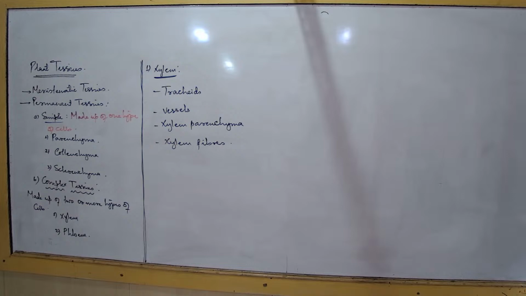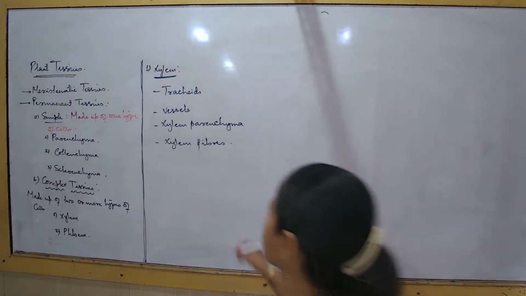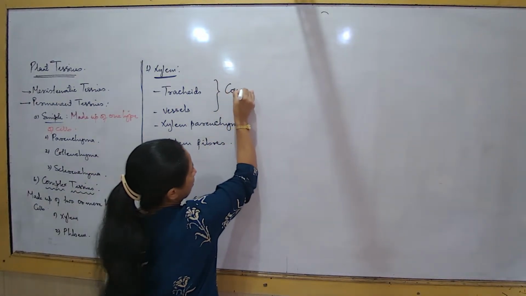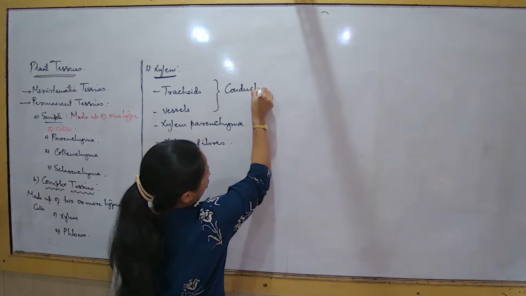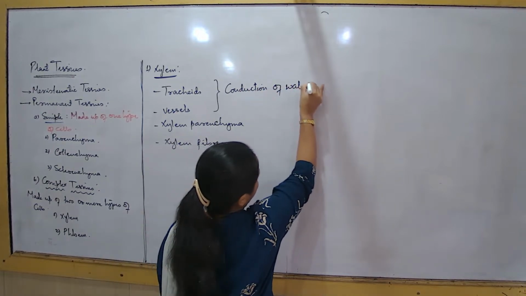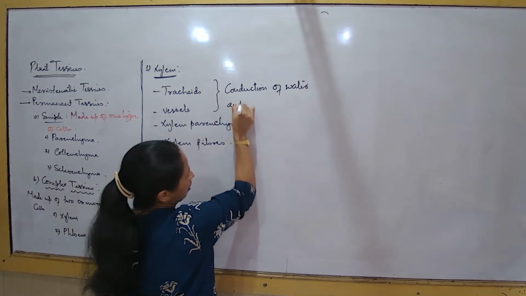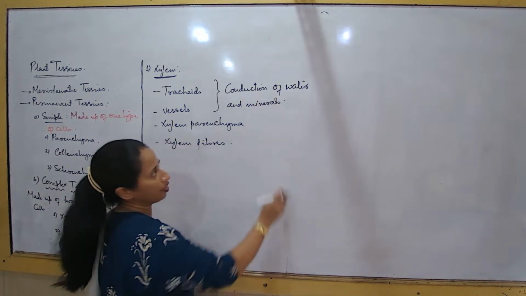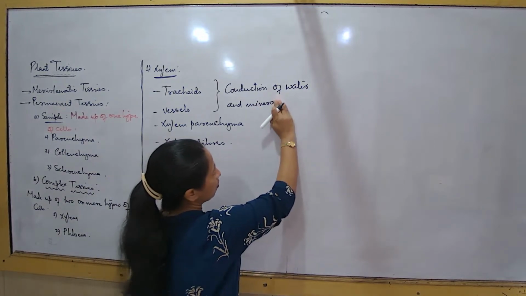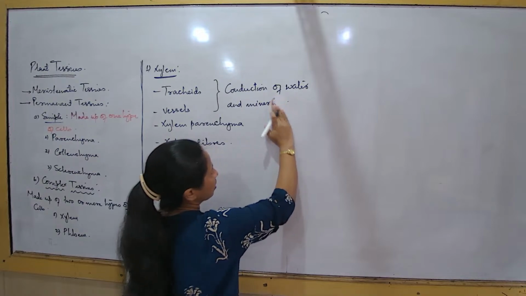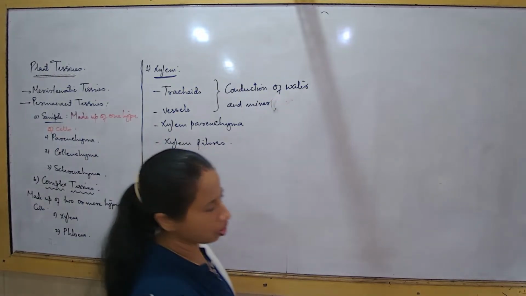Now the tracheids and vessels, these 2 types of cells, are mainly involved in the conduction of water and minerals. You have to remember the function of each of these cells.